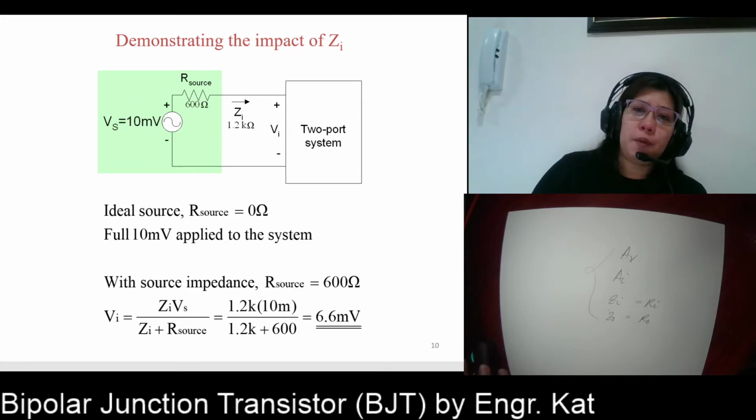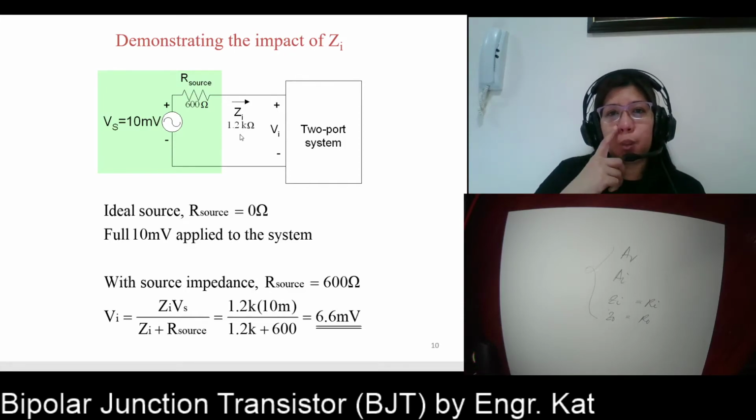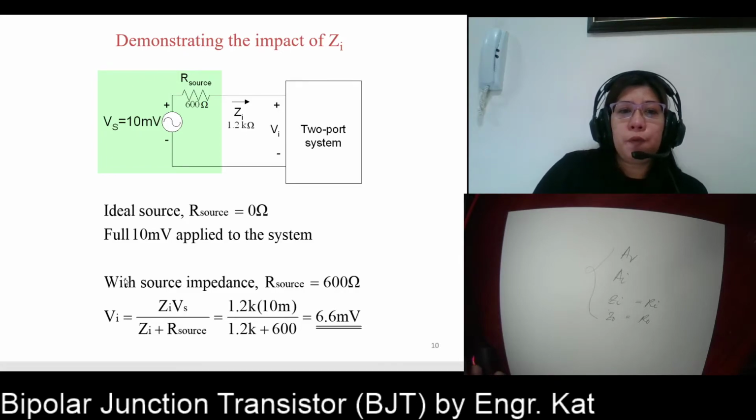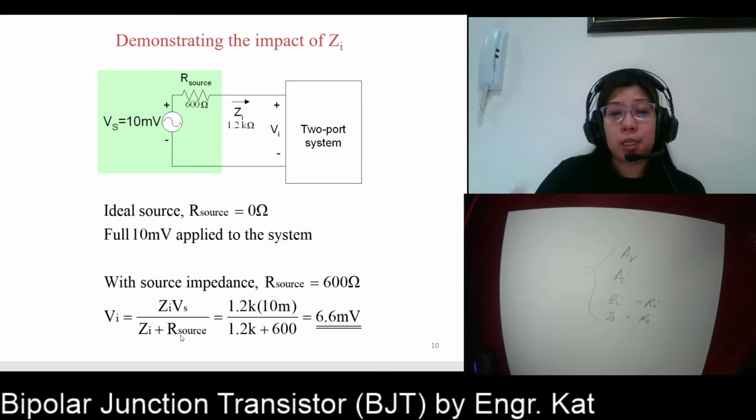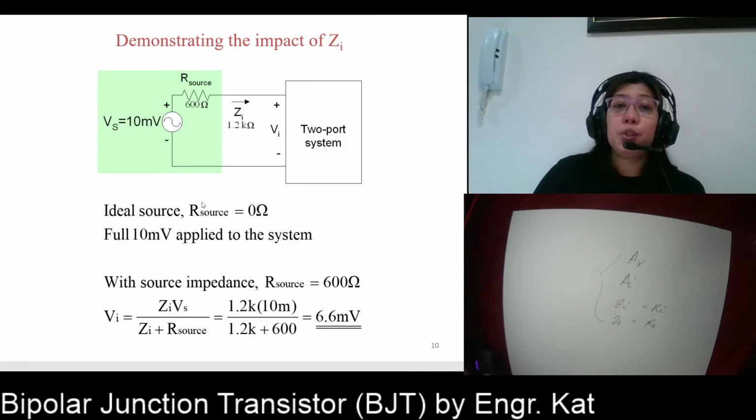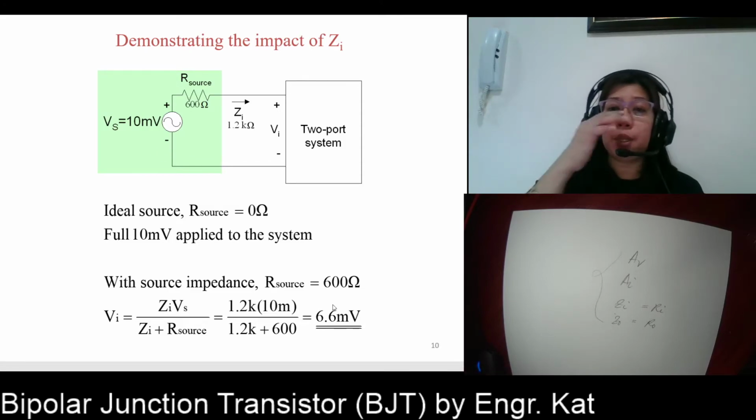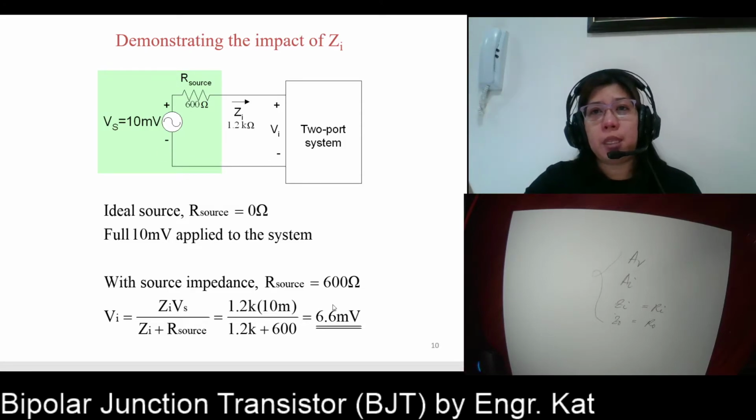However, with a source impedance of, let us say, 600 ohms and an input impedance of 1.2 kilo ohms, solving for VI using the voltage divider, since VI is in parallel with your ZI, you have ZI multiplied by VS all over ZI plus R source. Solving for that gives you 6.6 millivolts.